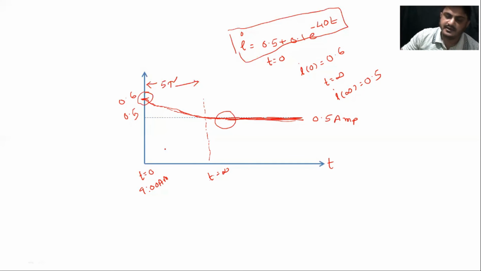So maybe in the exam, sometimes they may ask you to calculate the current value for, let us say, 0.01 second. Then you put t equal to 0.01 second in this expression, and you will get some value. Maybe they may ask for the time, and you can obtain that as well. If you put different values of t in this expression, you can get this plot.